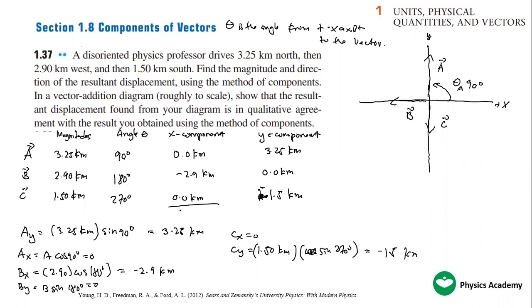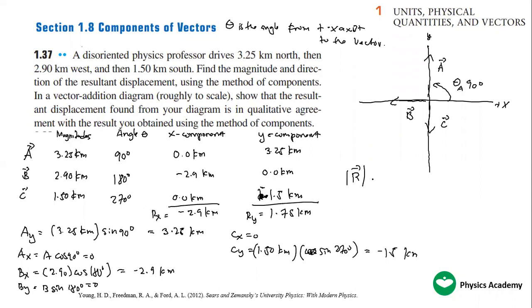If you add these, you have negative 2.9 kilometers, and 3.25 minus 1.5 is 1.75 kilometers. This is your Ry and this is your Rx.